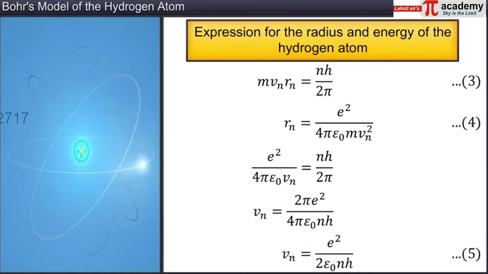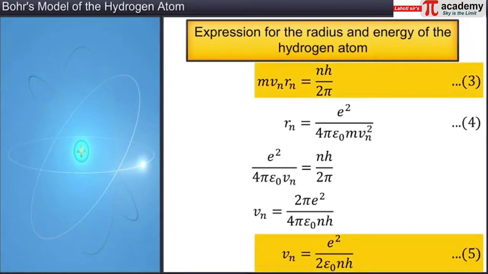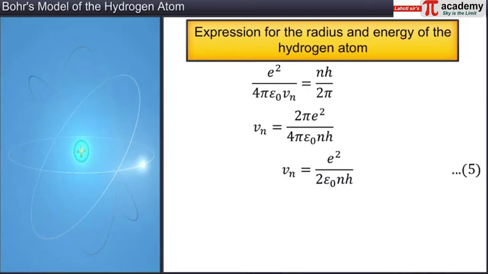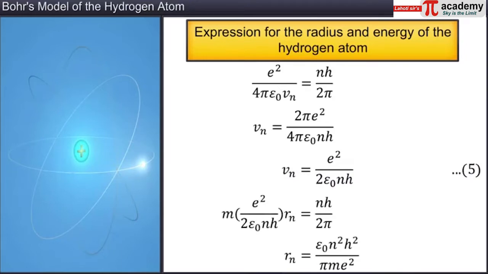Let this be equation 5. Substituting equation 5 in 3 and simplifying, we get R_n is equal to epsilon naught n square h square by pi m e square. Let this be equation 6.